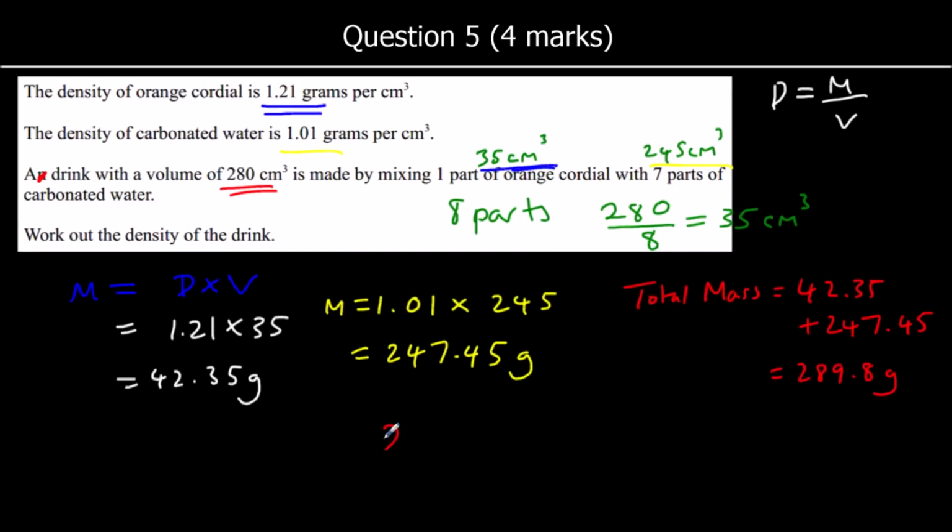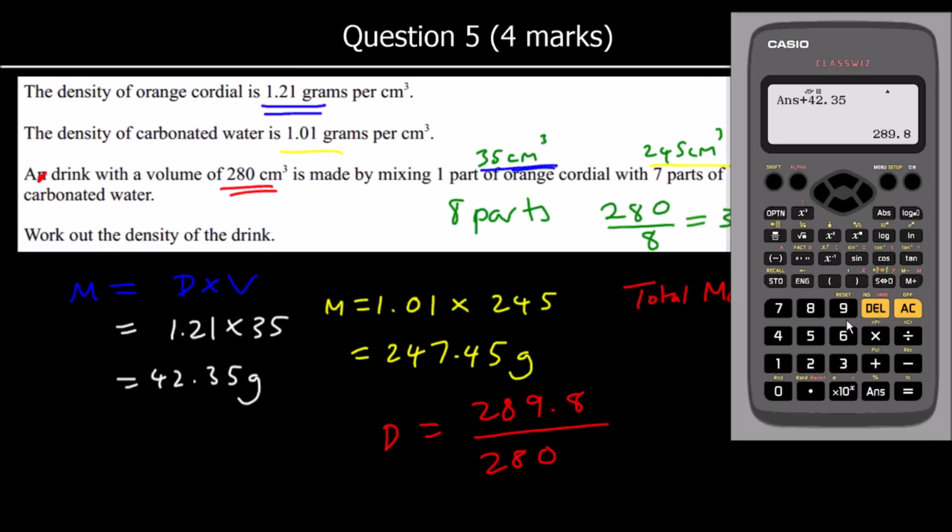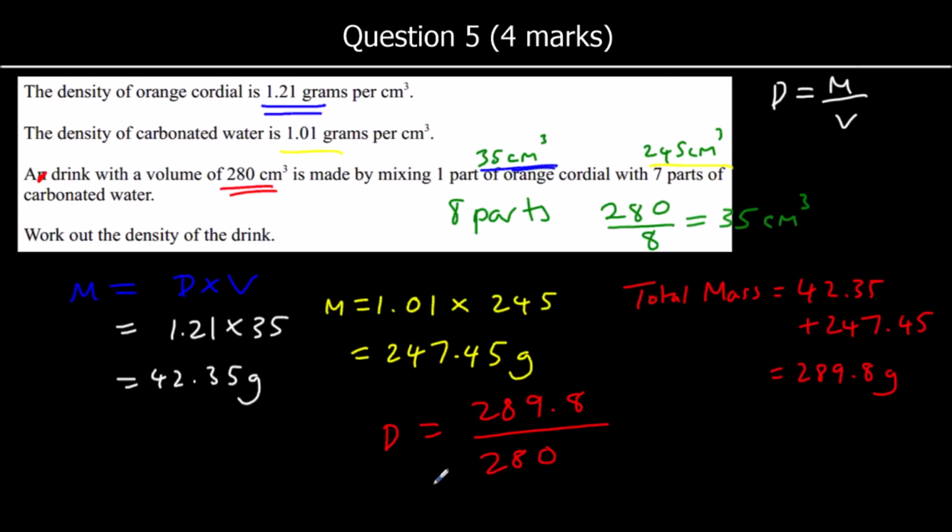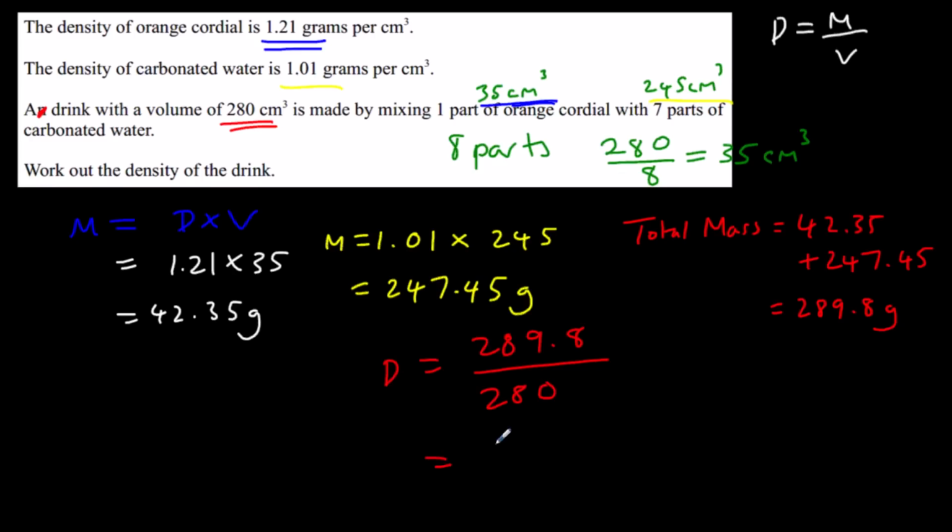And so density is total mass divided by total volume, 280, and that is 1.035. 1.035 grams per centimeter cubed.